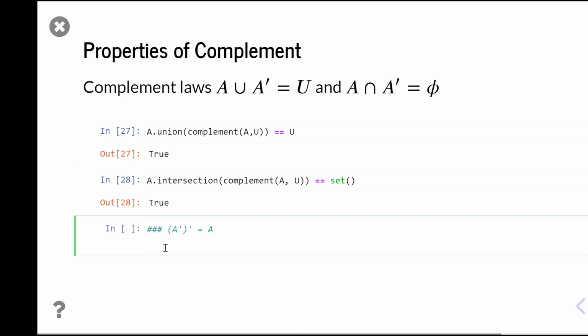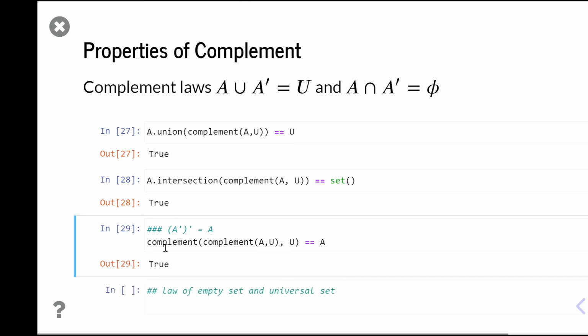We can check that the complement of a complement results in the set itself. So we can check complement of A, U, and we take again the complement of this set with U, and we check whether this is equal to A. Python says that this is True. Now we can check the law of the empty set and universal set.